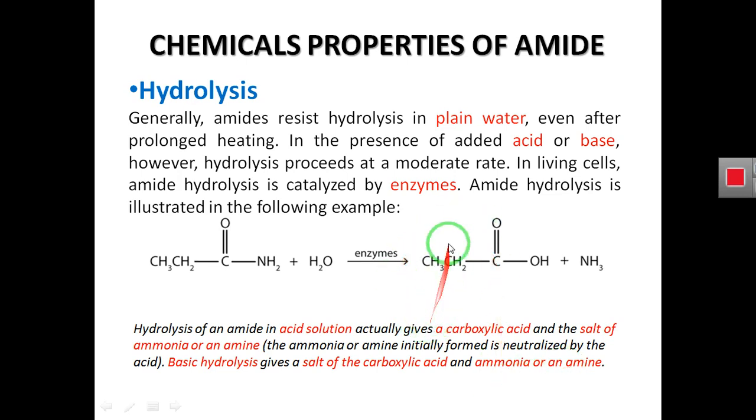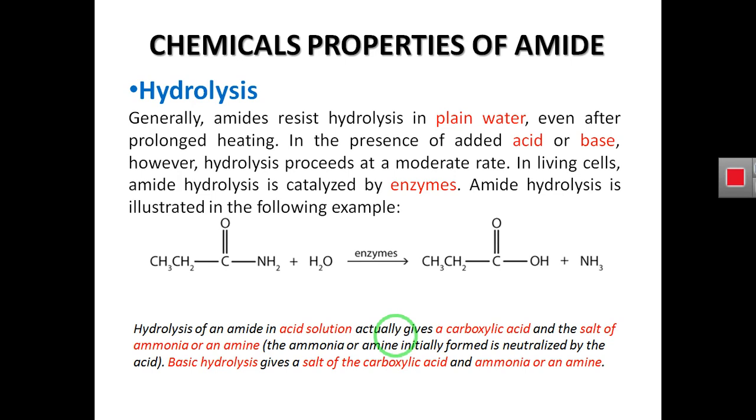So I am concluding here about the hydrolysis of amide. You have to remember two or three points on your fingertips. One, I am talking about the outside environment of our cell, outside the body. In plain water the amide would resist hydrolysis, but if we use some acid or base, they moderately or partially hydrolyze.